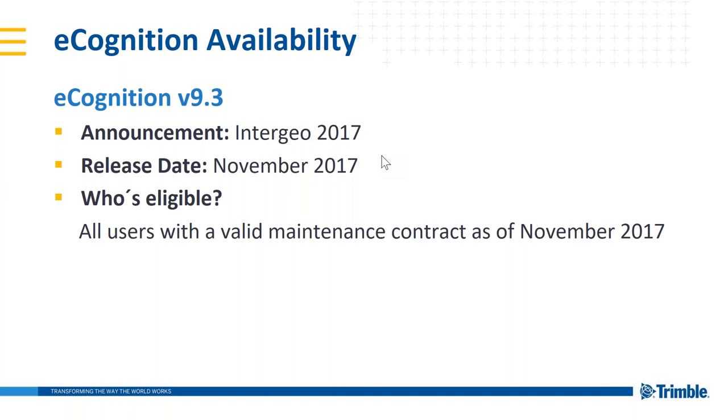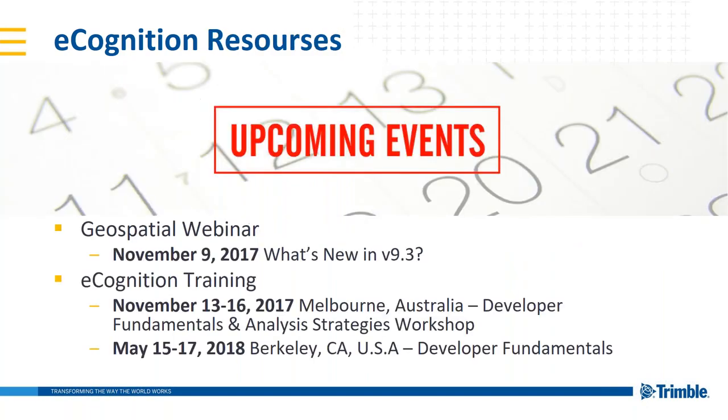And the release date is going to be here in November, again, very soon. I promise you that. And anybody with a valid maintenance contract, of course, will be able to access this version. And it includes some very nice tools, which we will be presenting in our next webinar in actually post-release, just after the release in December.